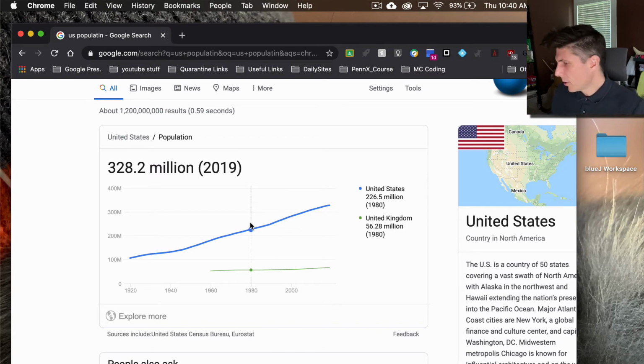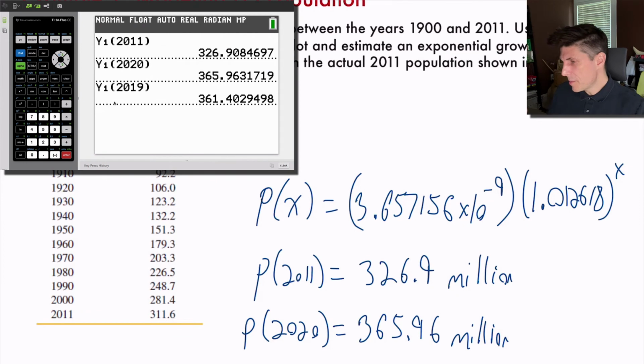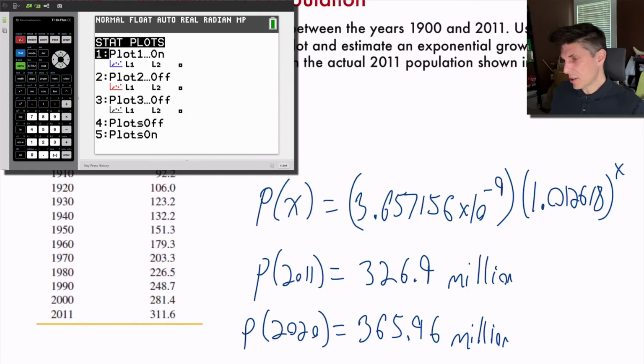So okay, moving on. The main takeaway from this is you learned how to make a list, how to do a scatter plot, and also how to create a regression function. One thing about stat plots, sometimes they just linger and you forget.